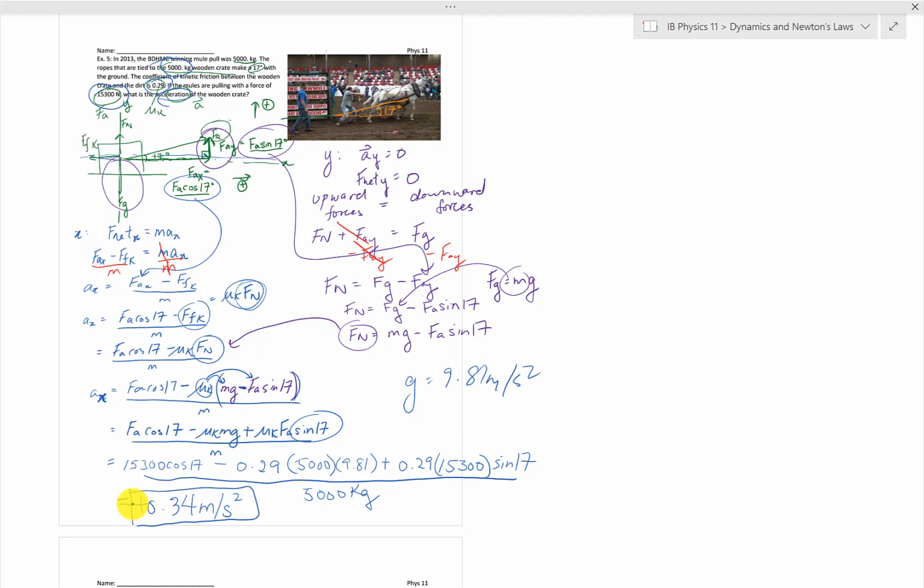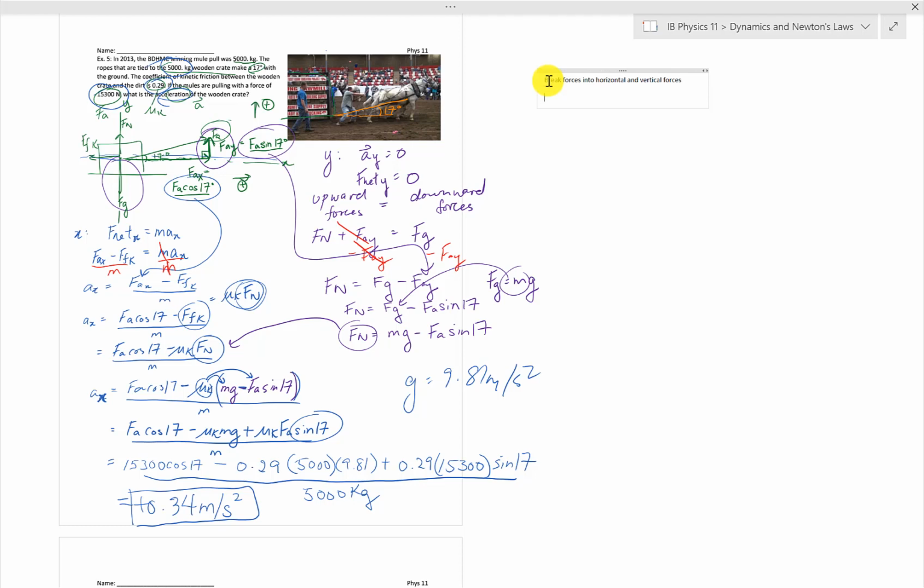Phew! Aside from all that mathematics, there are a few key things that I want you to take away from this problem. Number one, when we're dealing with forces in a diagonal involving 2D forces, don't forget to break down your components into x and y.